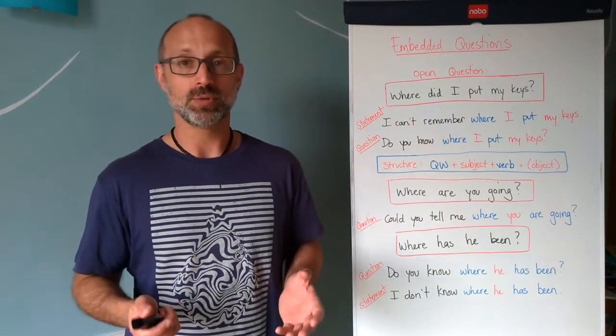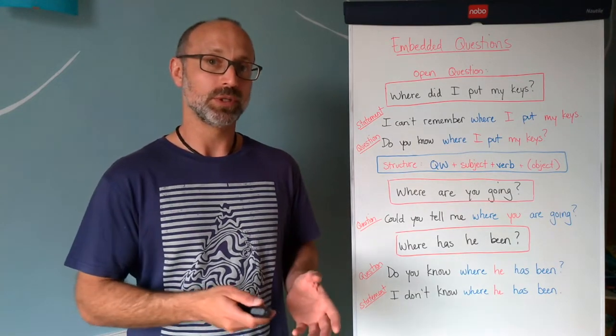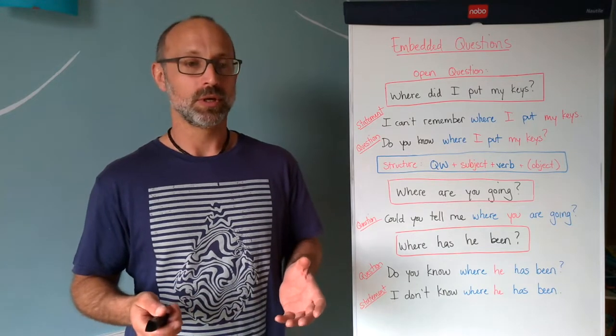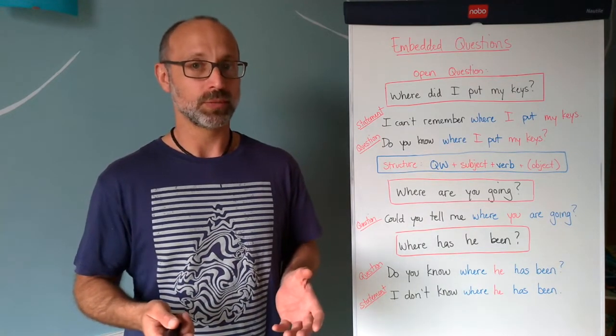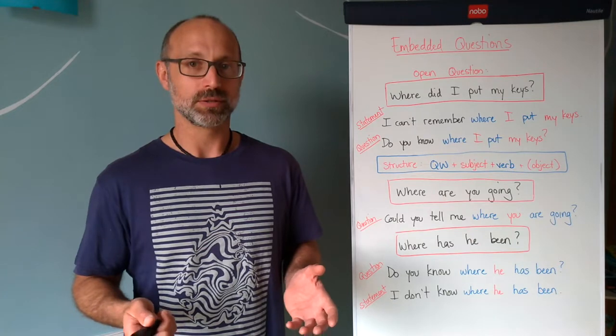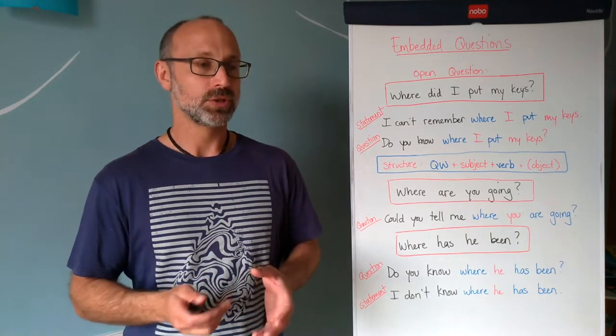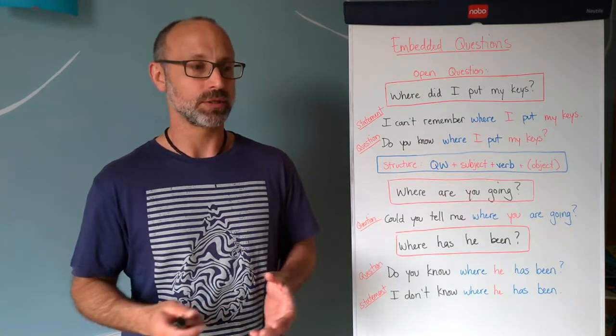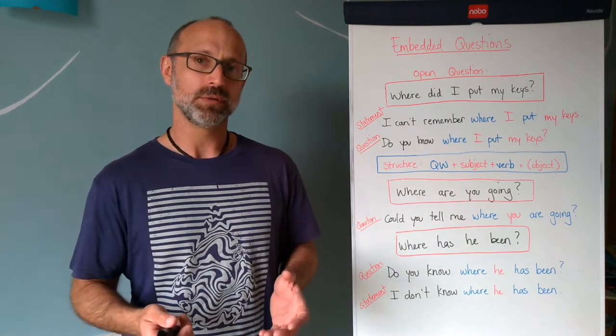Right? In these types of situations, we probably wouldn't want to use a direct question. If you ask a person, what's your address or what's your phone number, right, it might be considered a little bit rude. So instead of asking a direct question, we can ask an embedded question such as, would you mind telling me what your address is?